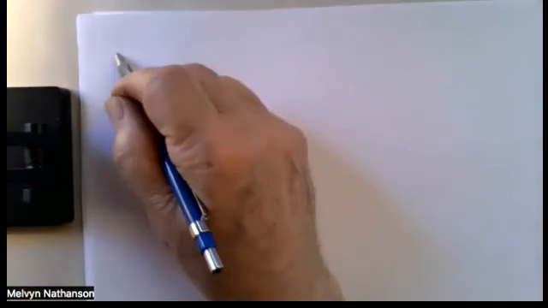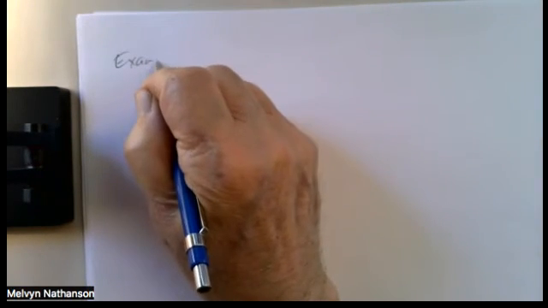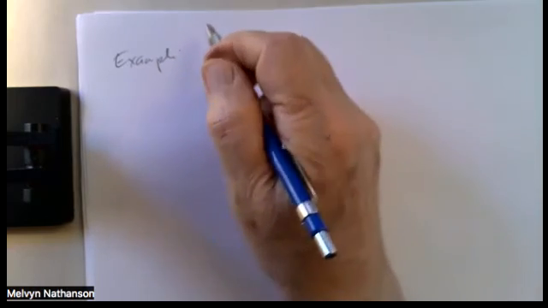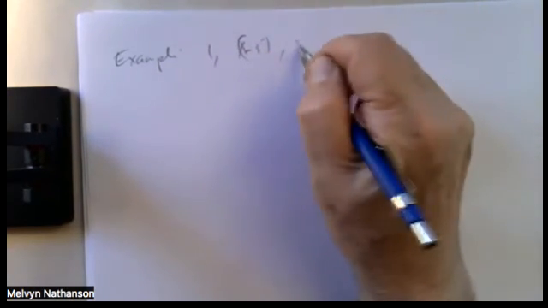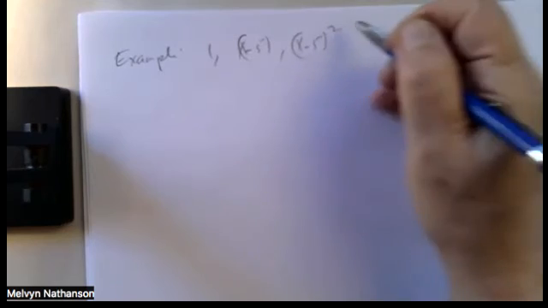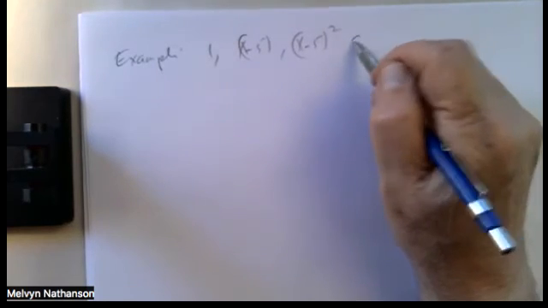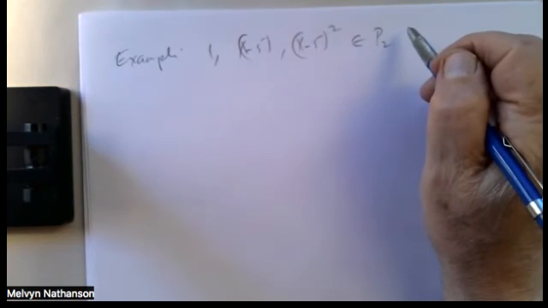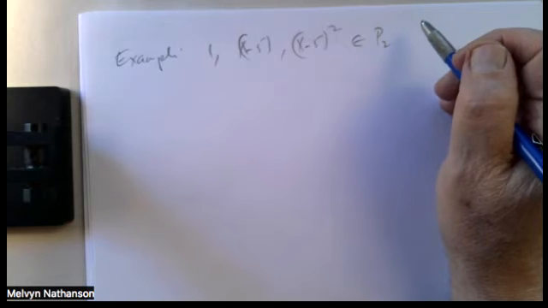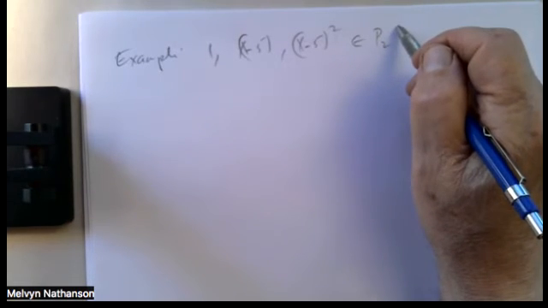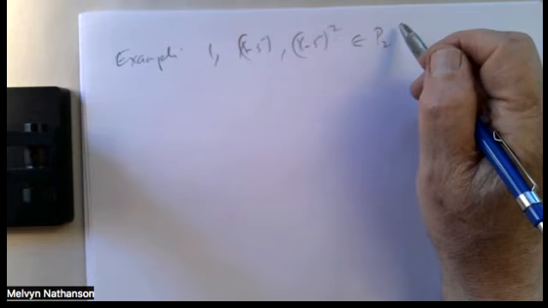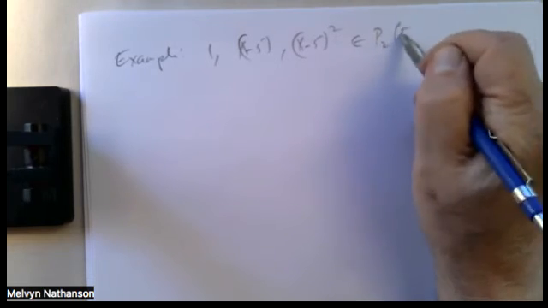So for example, 1, x minus 5, and x minus 5 squared, these are three polynomials in P2(F).